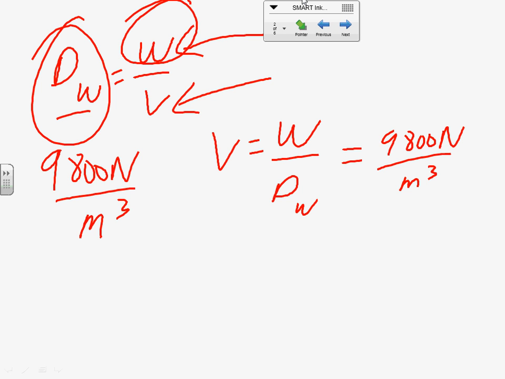So let's divide the weight of the water displaced, 7.1 newtons, by the weight density of water, 9,800 newtons per cubic meter.